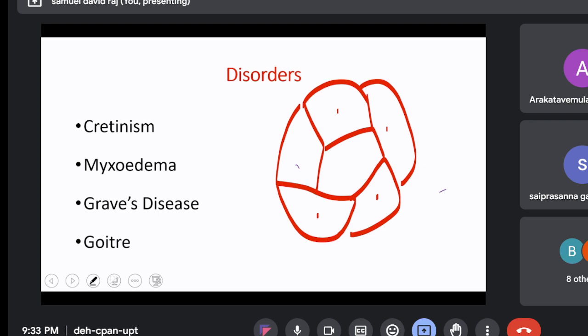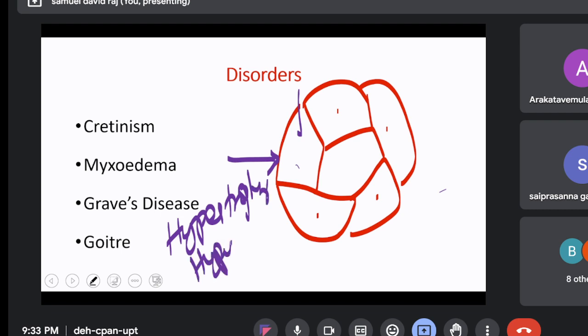When it keeps on producing it, this thyroid stimulating hormone has an impact on the thyroid follicular epithelial cells. This impact is of two types. One is called hypertrophy, the other is called hyperplasia.